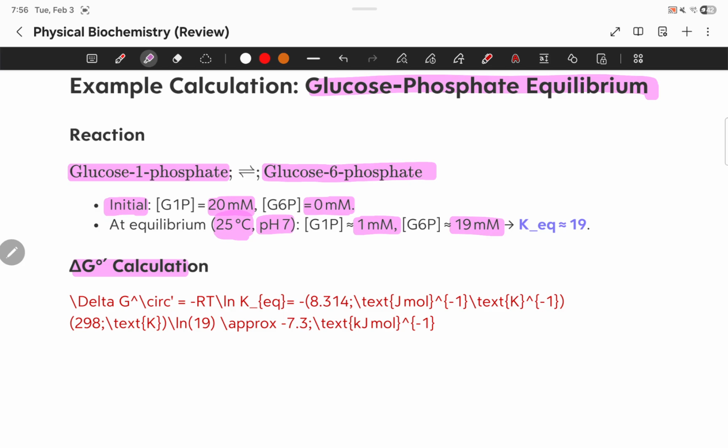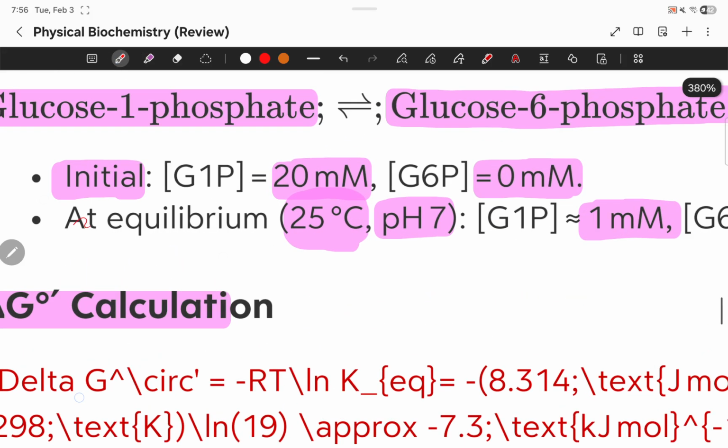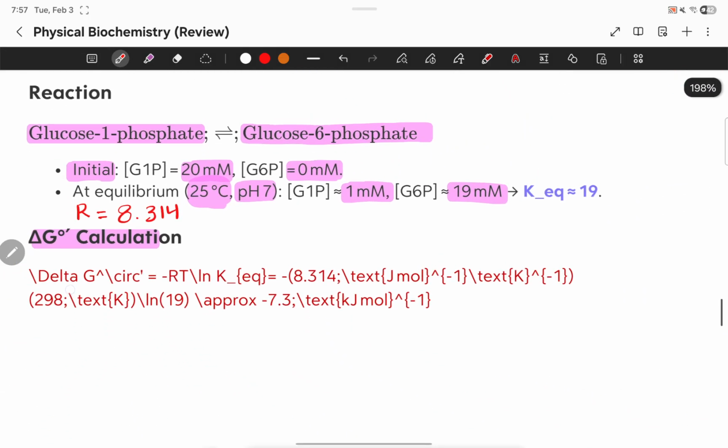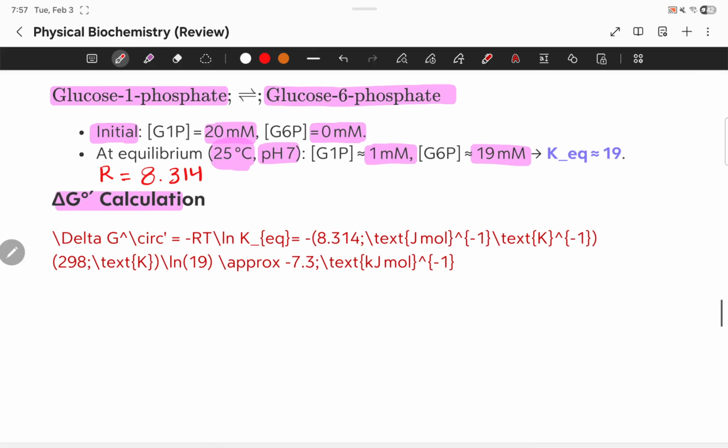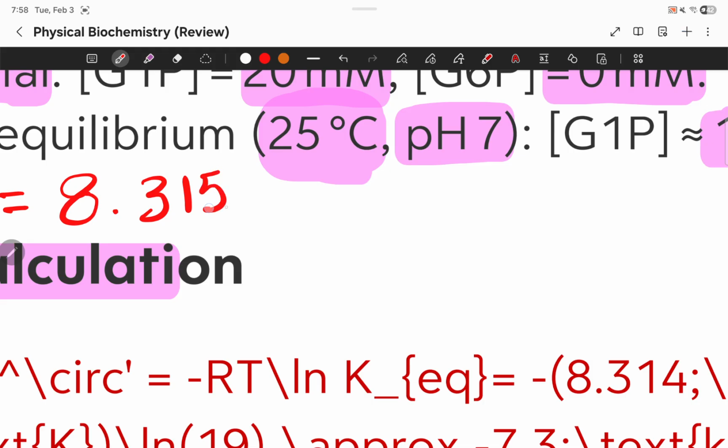So basically the way we are going to perform this calculation, our R value right here is going to equal 8.314, okay? That's your R value, in joules per mole Kelvin.